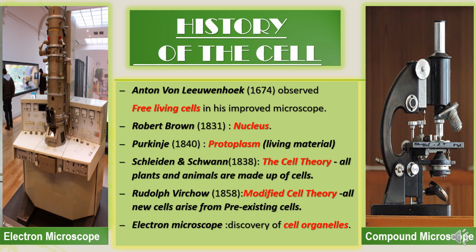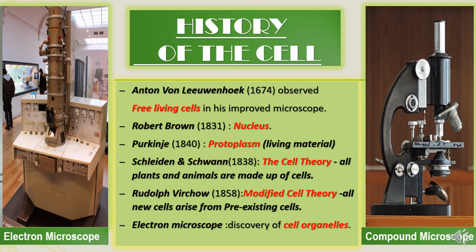Later, in 1840, Purkinje found a living material inside a cell, which he named protoplasm. Then around 1838 to 1840, Schleiden and Schwann presented a cell theory, according to which all plants and animals are made up of cells, and the cell is the basic unit of all living organisms.